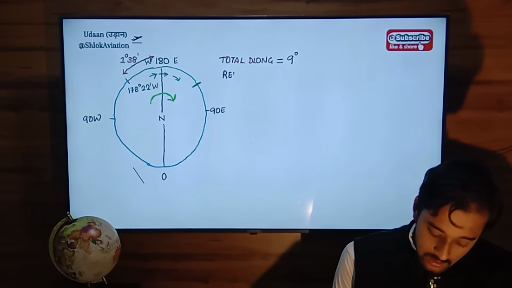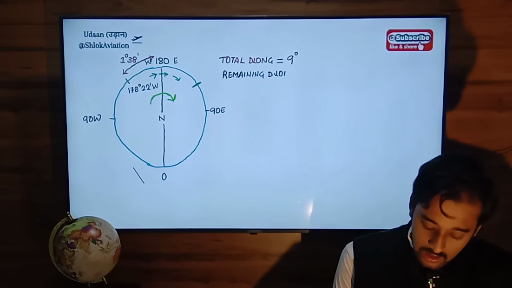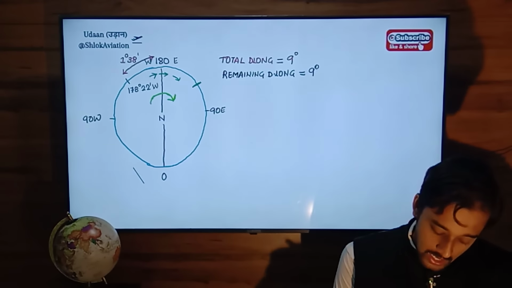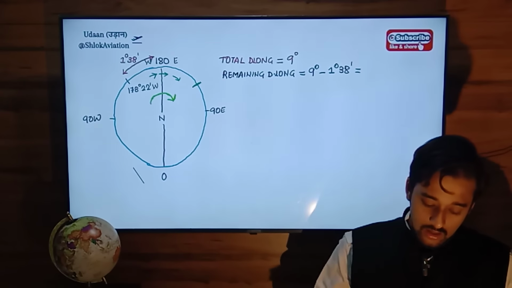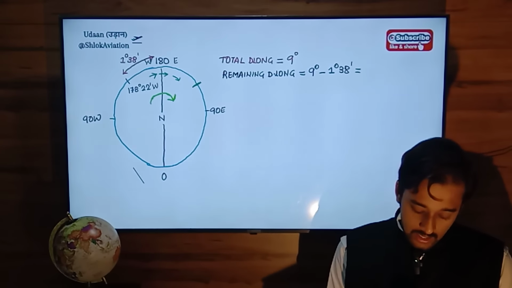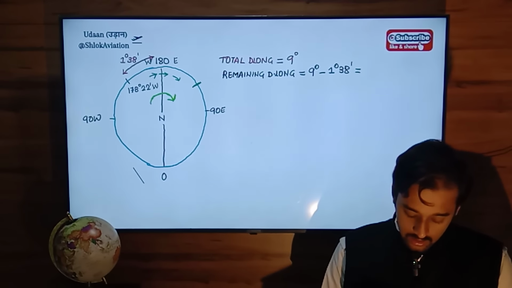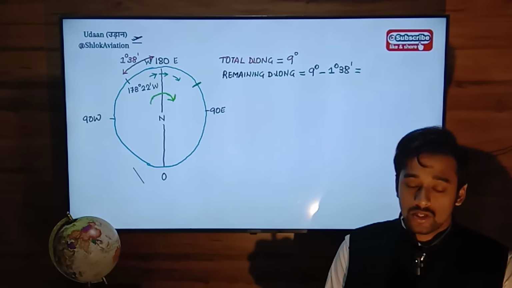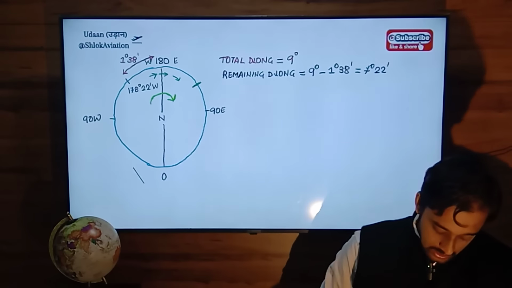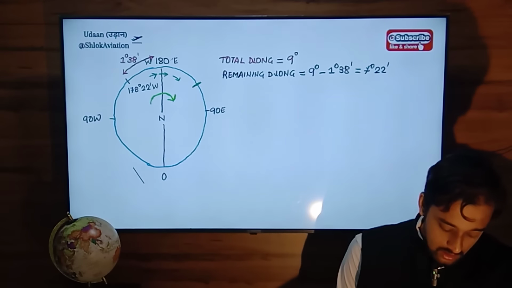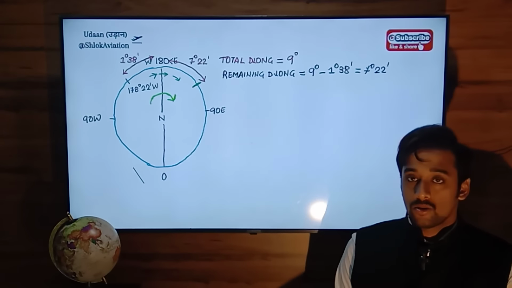The remaining D long is 9 degrees minus 1 degree 38 minutes, which is 7 degrees 22 minutes.